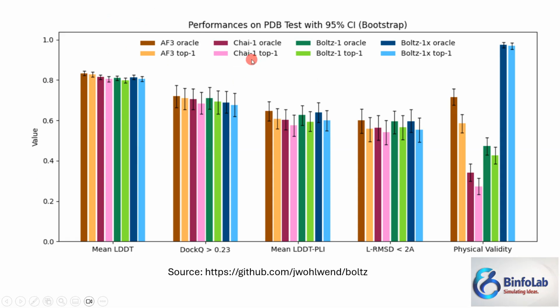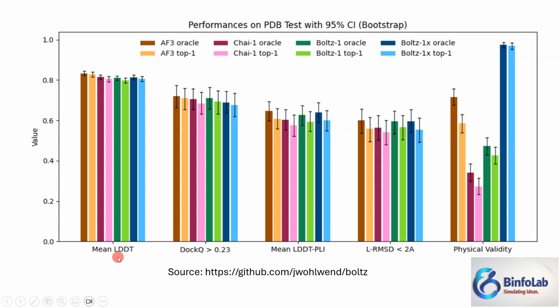They have also tested the performance of Boltz-1x on PDB datasets, with a confidence interval of 95%. So they tested with AlphaFold 3, Chai-1, the older version Boltz-1, and Boltz-1x.